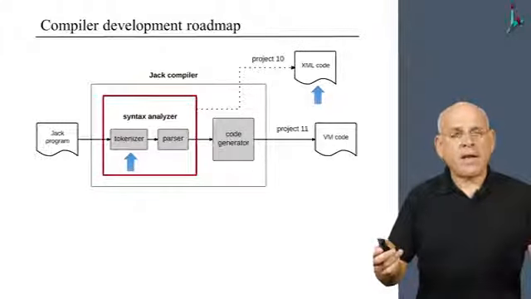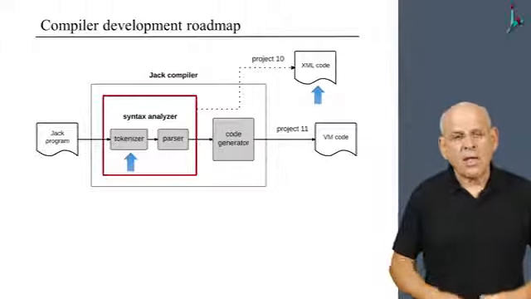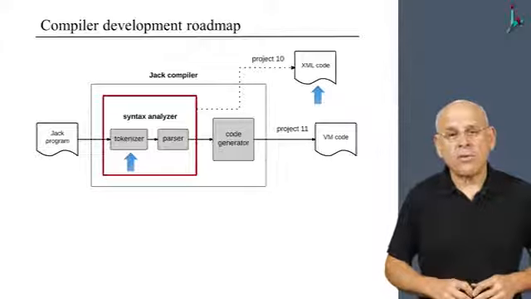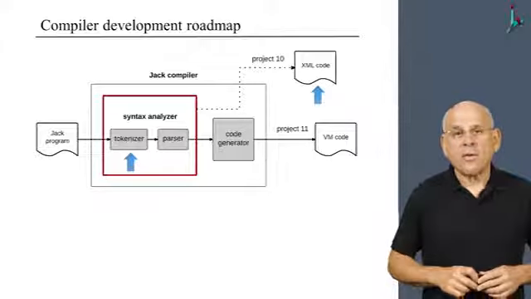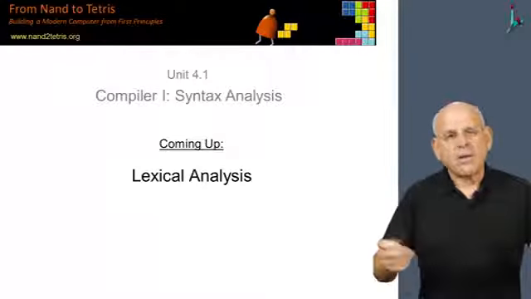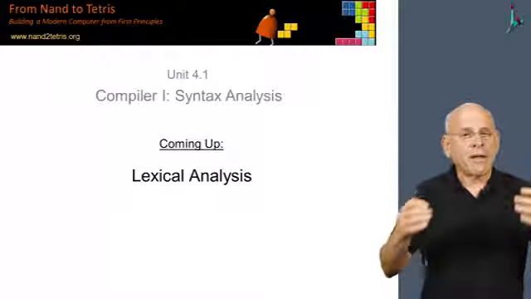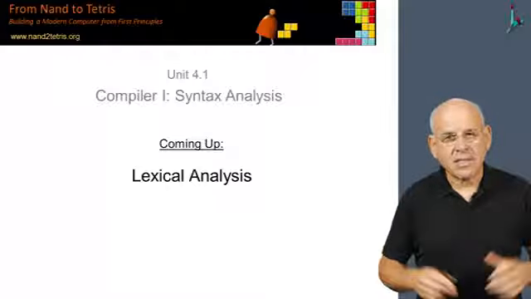So here once again is the overall roadmap of this module, and the first thing that we are going to do is focus on writing a tokenizer. This will be done in a larger context of compilation theory and practice known as lexical analysis.